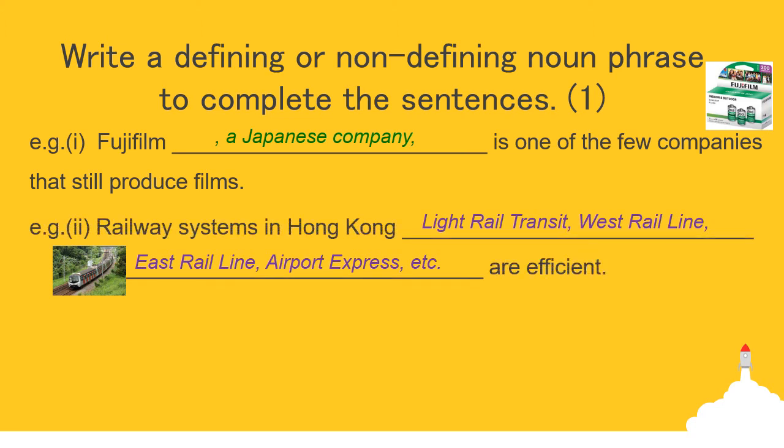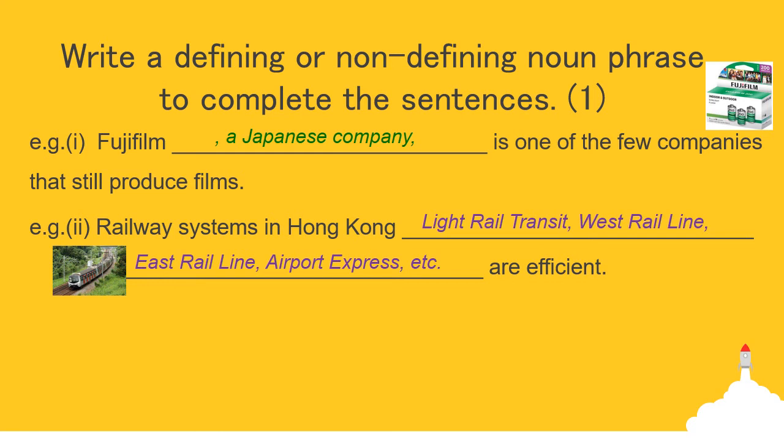So in this last part, I would still like you to try to write a defining or a non-defining noun phrase. And to start with, we have some examples to go over. The first one, Fujifilm, a Japanese company, is one of the few companies that still produce films.